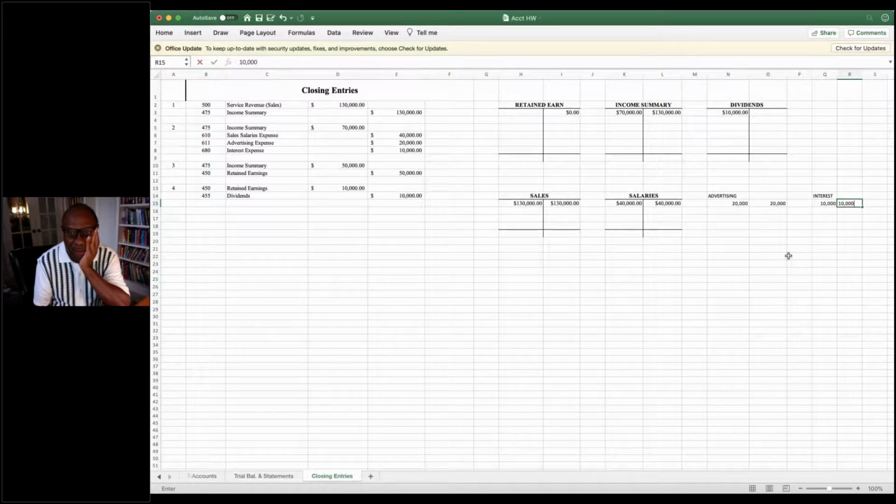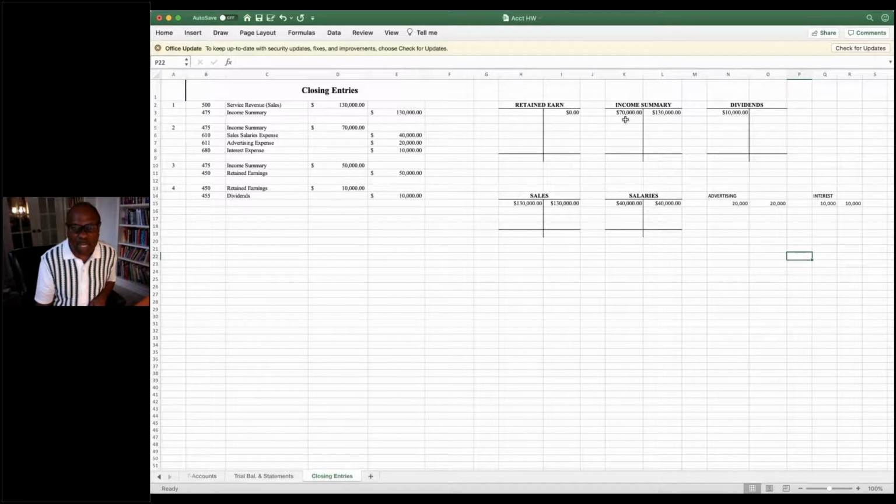Okay, so where do we stand? So now we're at journal entry 3. And in journal entry 3, we got to do two things. We got to zero out this income summary and transfer to retained earnings. So let's assume we use the 50,000.